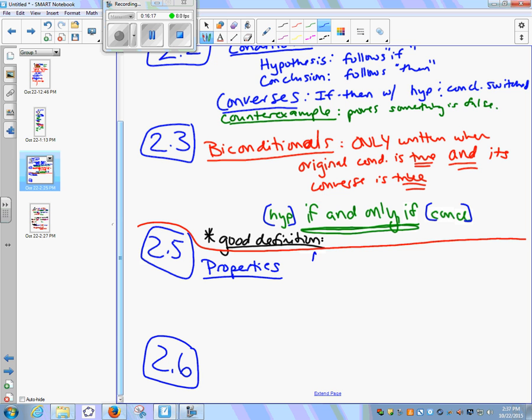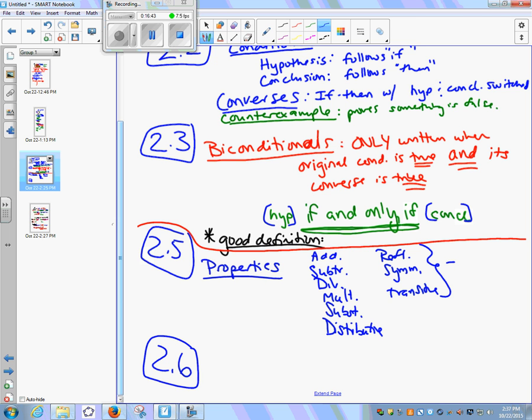And we had addition property, subtraction property of equality, right? Division, multiplication, substitution, reflexive, symmetric, transitive. Let's add distributive over here.